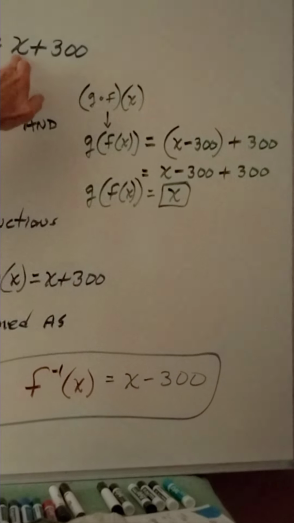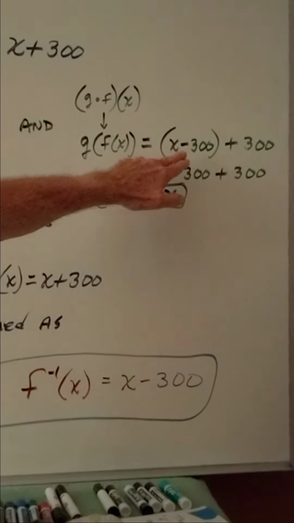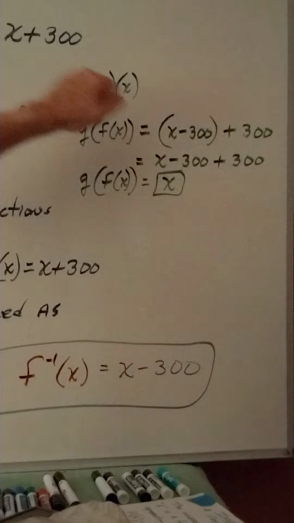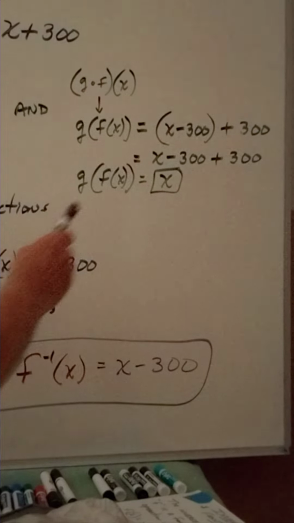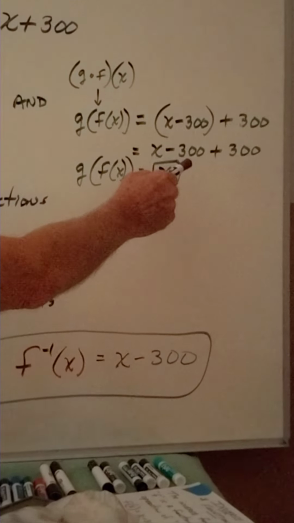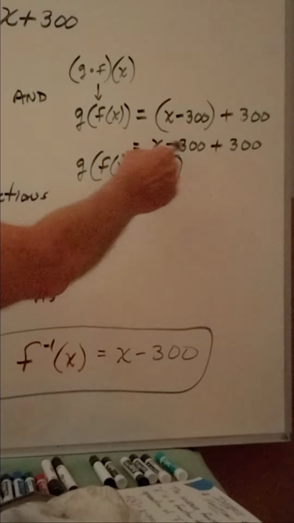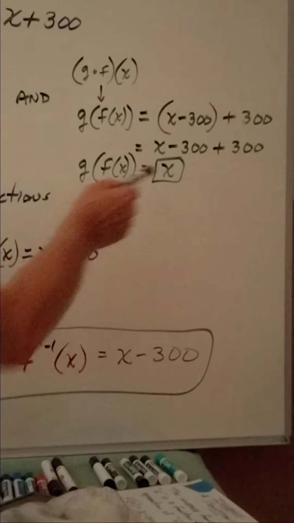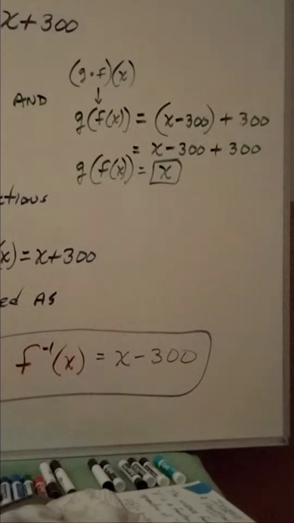So in place of x, we'll put x minus 300, and then we'll add 300 at the end. And you can see once again, there is an undoing. There's a cancellation. The 300s cancel, and we're left with that value of x.